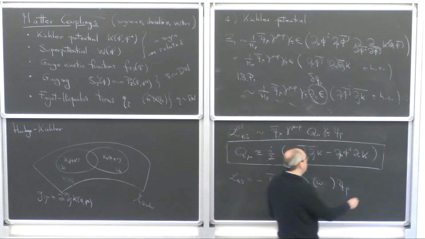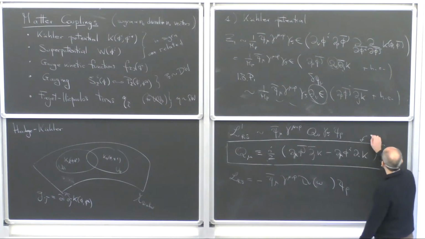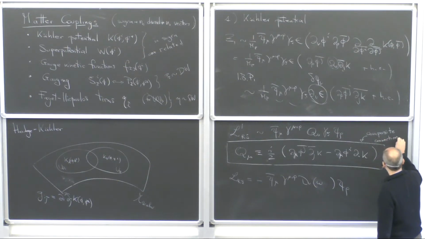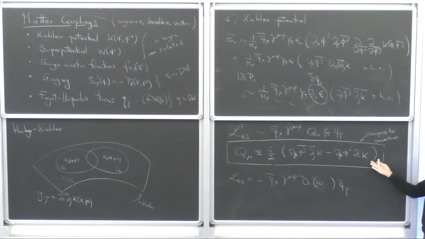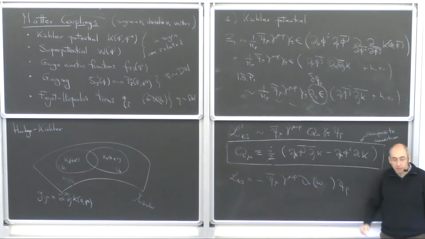You see, this effectively transforms like a vector field. But it's really a composite connection, and I will discuss momentarily in which sense this is a composite connection. Composite because this is clearly not a vector field, it's built out of scalar fields. No? It's derivatives of scalar fields.